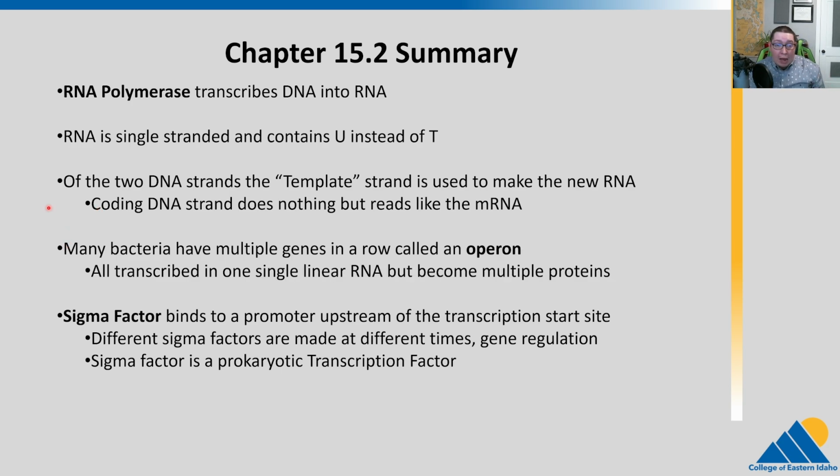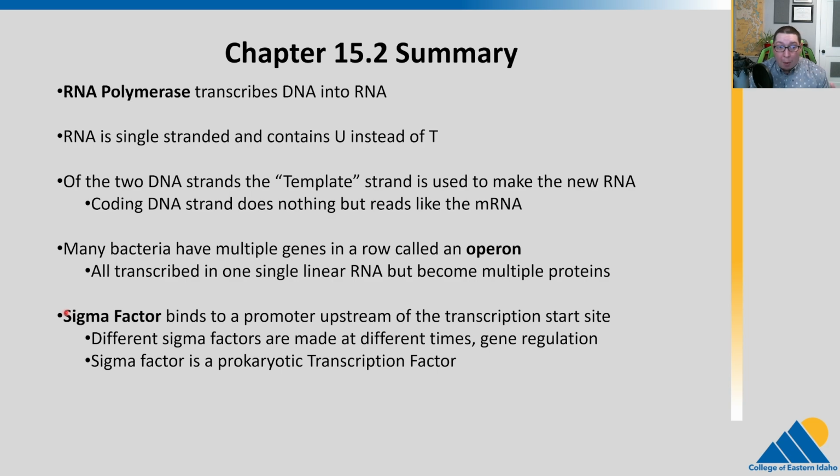Many bacteria have multiple genes in a row in the genome, and we call this an operon. That operon all gets transcribed in one single linear RNA, but they will become multiple different proteins. That's kind of unique to prokaryotes. The sigma factor is one of the ways that gene expression is controlled in prokaryotes.